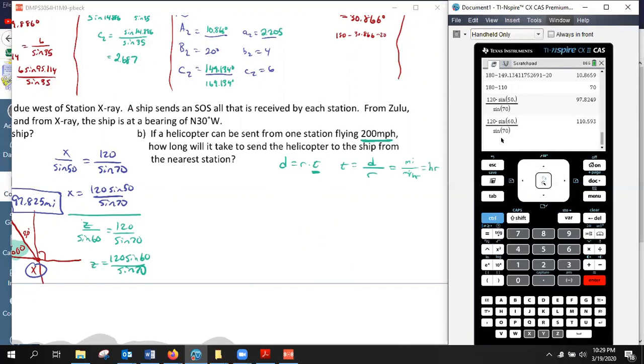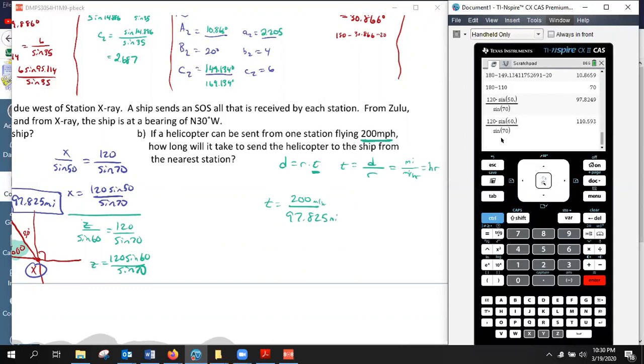So let's take that 200. Our time is going to be the 200 miles per hour, if we divide it by the shorter distance, which is the 97.825 miles. And really quick, I'm solving for time, which is distance over rate.